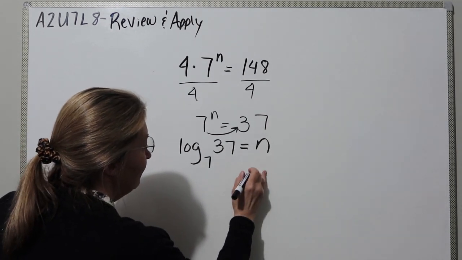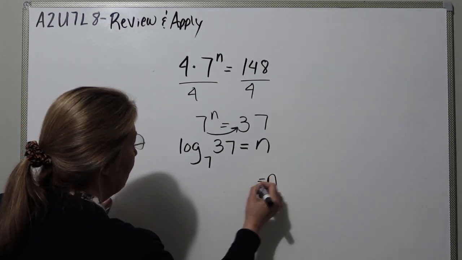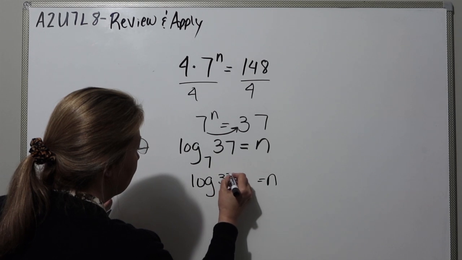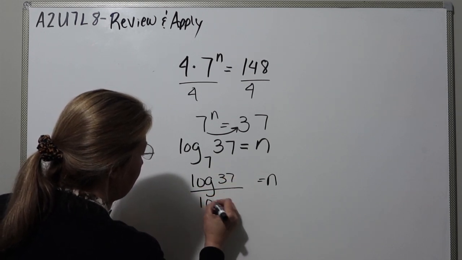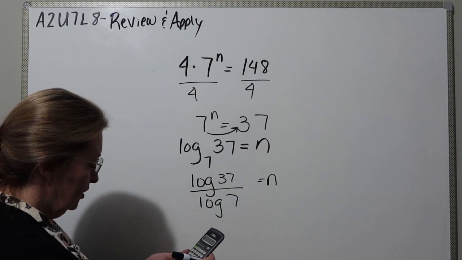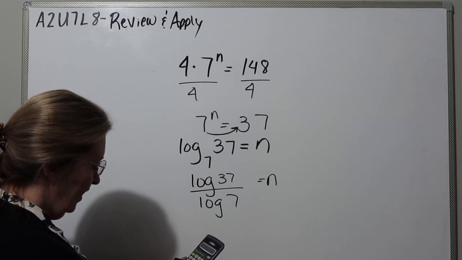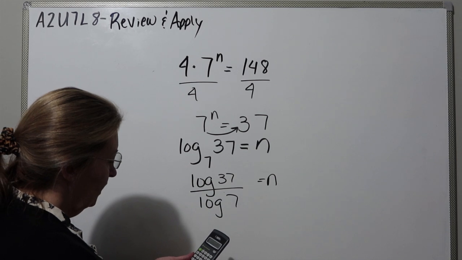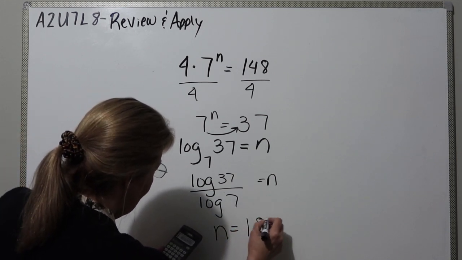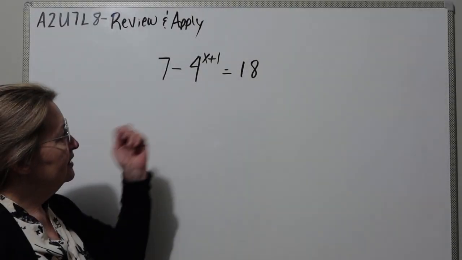But since I'm having to do change of base on all these, my n is going to be equal to log of my argument over log of my base. So I'm going to do 37 log divided by 7 log equals, n is equal to 1.8556.